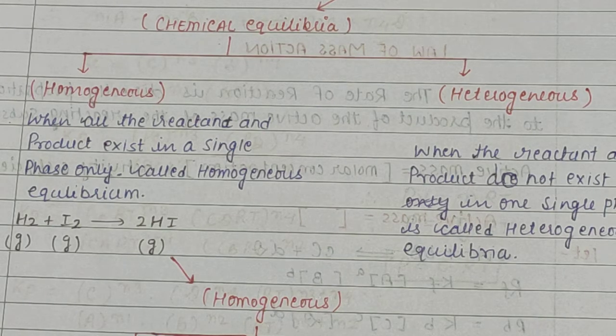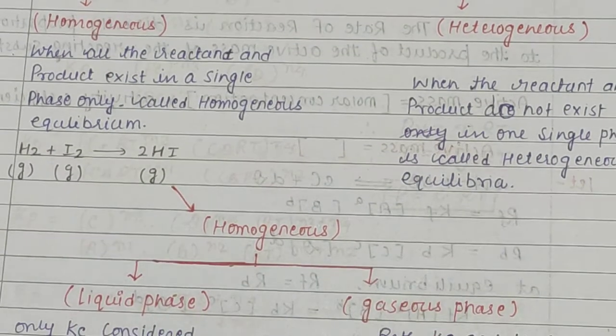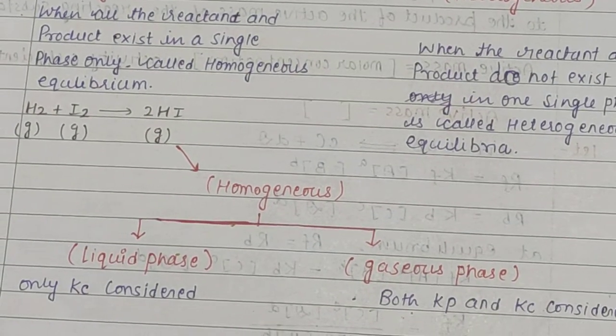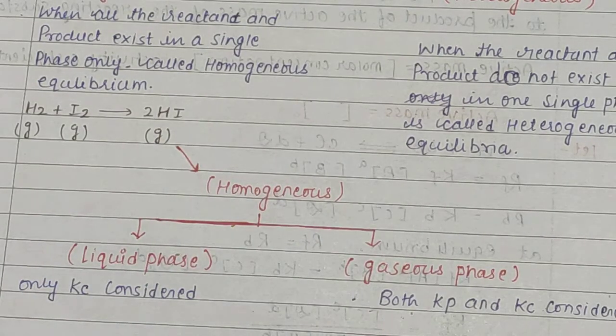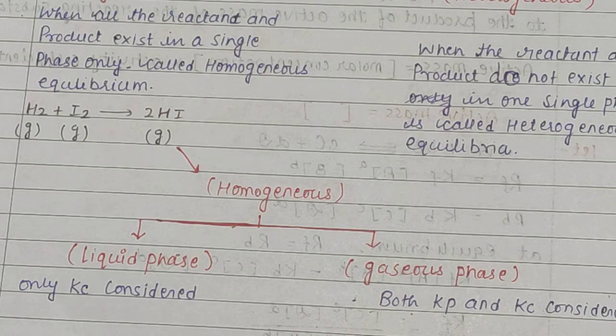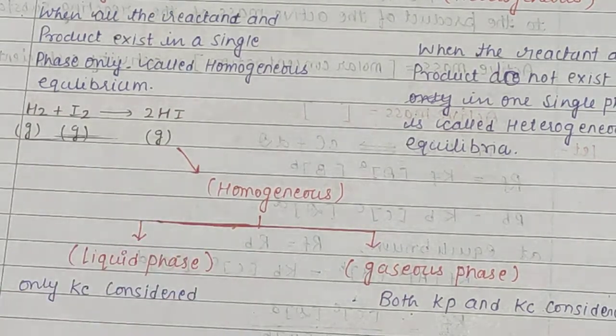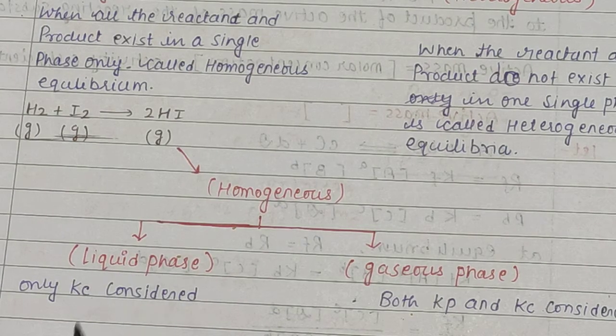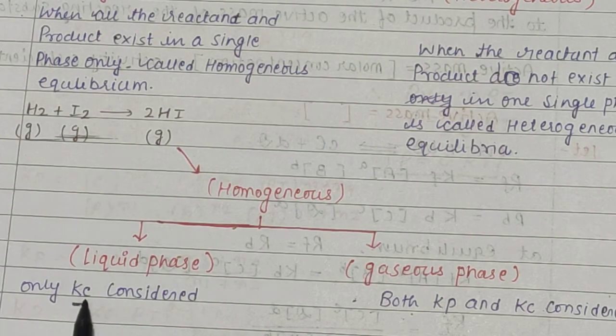Okay. So students, note down this very important point. In homogeneous equilibrium, all the reactants and products can be liquid, can be gas. Suppose all are in gaseous form. If all the substances, reactants and products, are in liquid phase, then only the constant Kc will be considered.